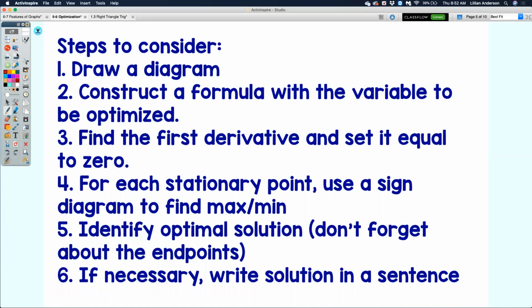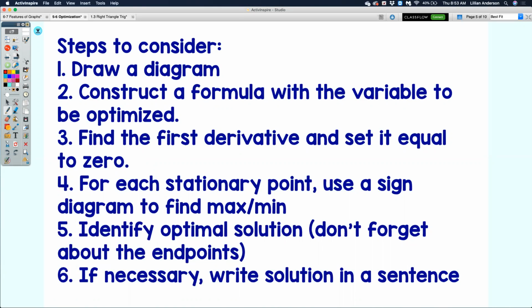After you do that, number 2 is very important. You want to construct a formula with a variable to be optimized. And so what that means is, depending on the problem, let's say you want to maximize the area of the field that you're trying to enclose, okay? And you want to enclose it in a rectangle.